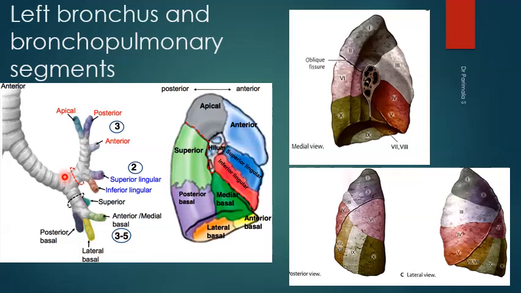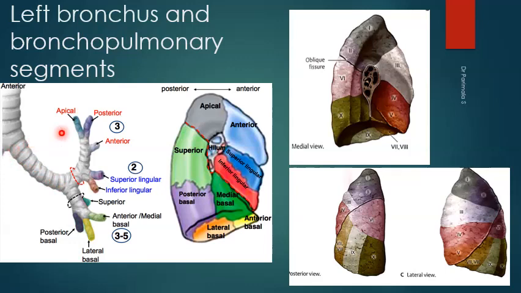On the right side, the right bronchus enters the hilum at the level of T5, whereas on the left side it is at the level of T6. And at the hilum, the left bronchus does not give any eparterial branch, that we have already seen, and the whole bronchus passes below the pulmonary artery.